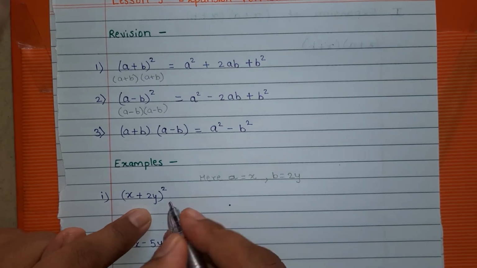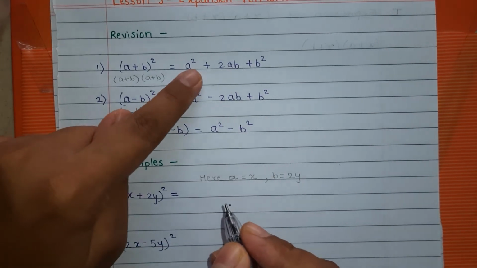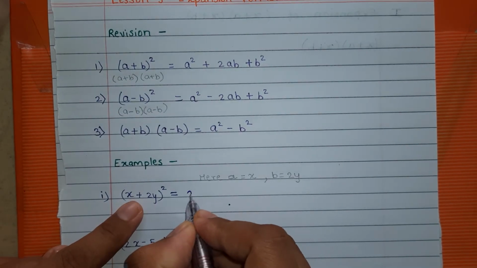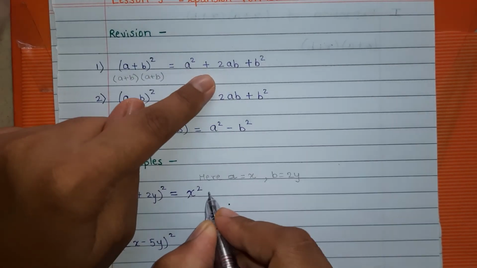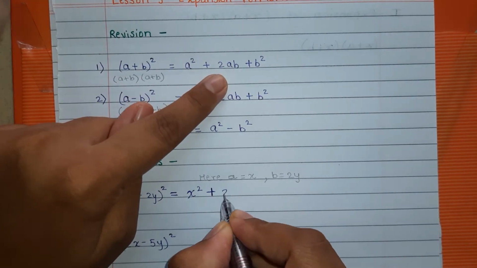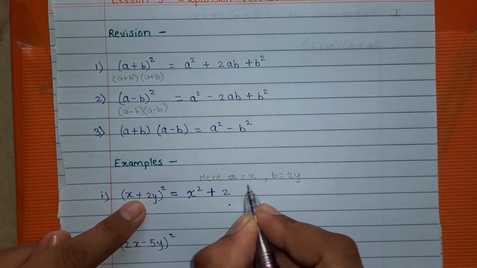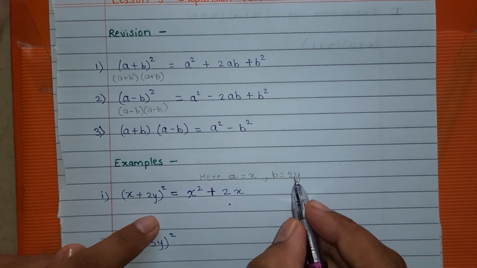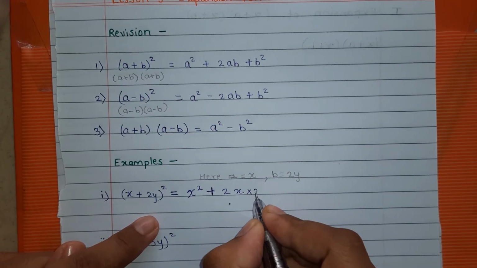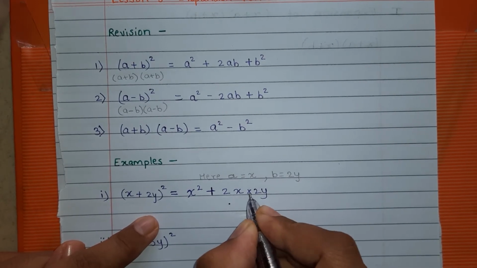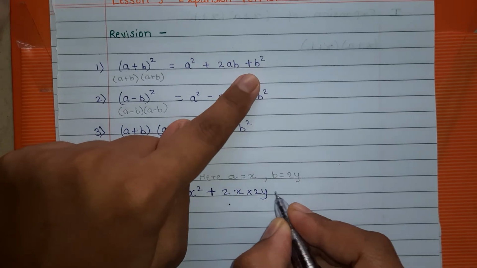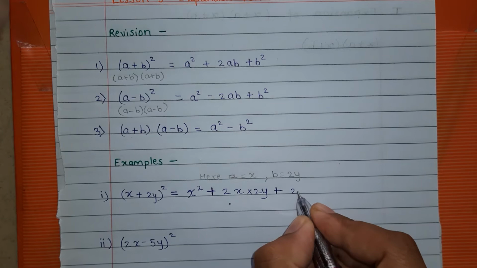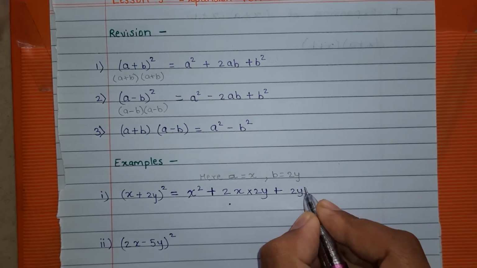So what is the expansion of this? a square, a की जगह x है तो क्या आएगा यहाँ पे, x square, plus 2 into a, means x, 2 into x into second one, second क्या है, b की जगह 2y, 2 into x into 2y, plus दूसरे का square, दूसरा कौन है यहाँ पे, 2y, 2y का square.